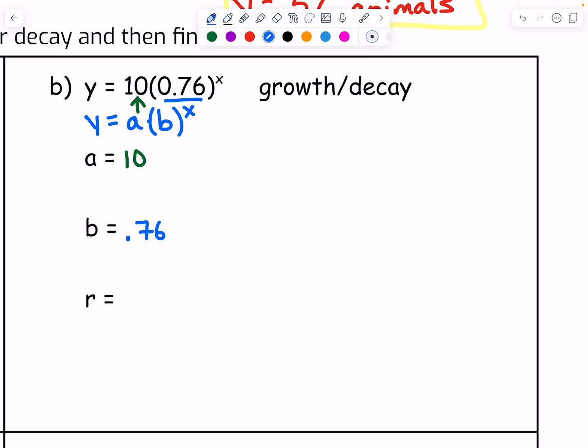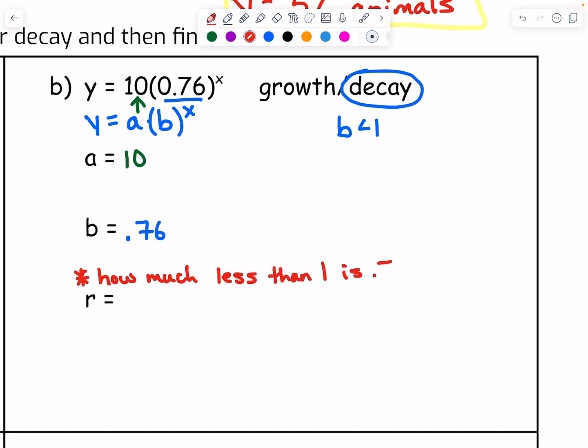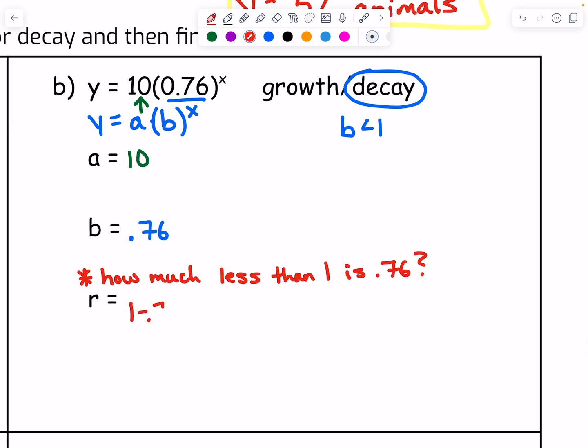So we see that number is less than 1, so that is decay because b was less than 1. But the b value is related to your rate because you want to think about how much less than 1 is it. How much is it less than 1? So what you can do is do 1 minus 0.76 to figure that out.